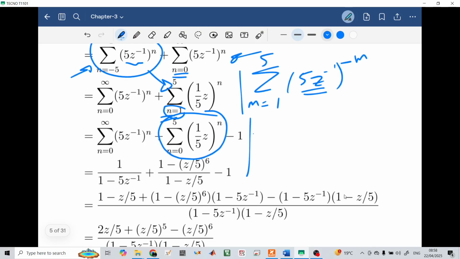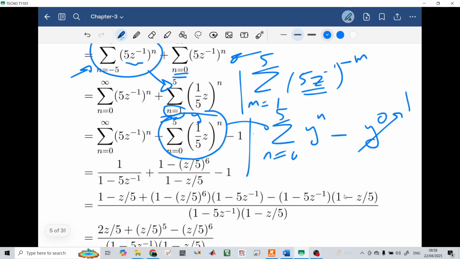So let's call this y for convenience, and say this equals the series starting from 0 ending at 5 of y to the power n, minus the 0th term. So I want to subtract out the term when n equals 0. So y to the power 0, this is 1. So this is what we have here.